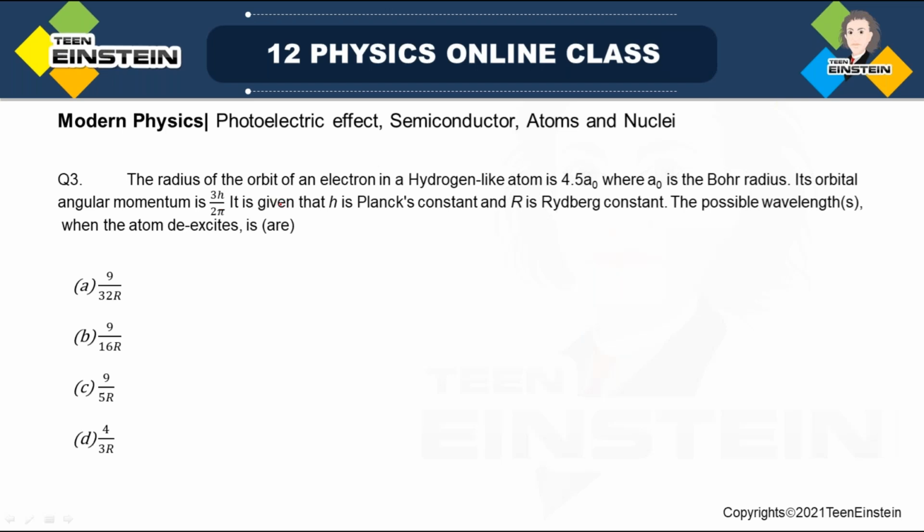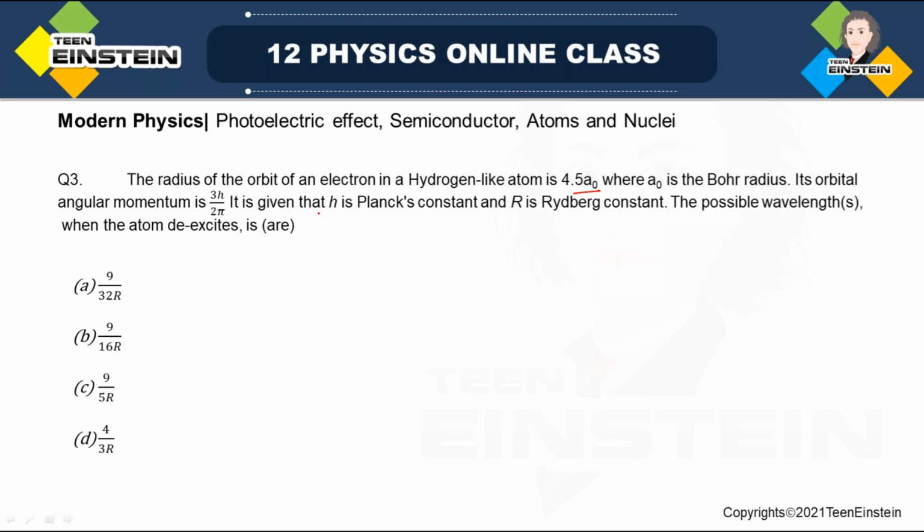That is given here, 4.5 a0, that is the radius of the orbit of an electron in a hydrogen like atom. A0 is the Bohr radius. Its orbital angular momentum, sorry, orbital angular momentum, not total, is given for that particular orbit.